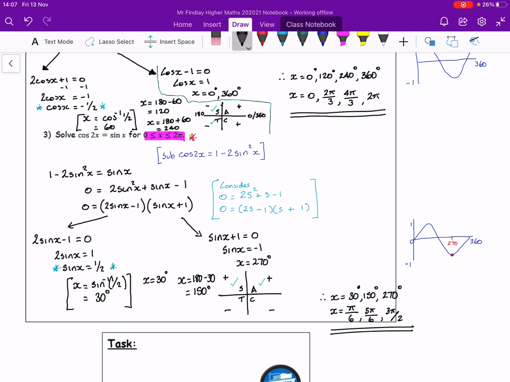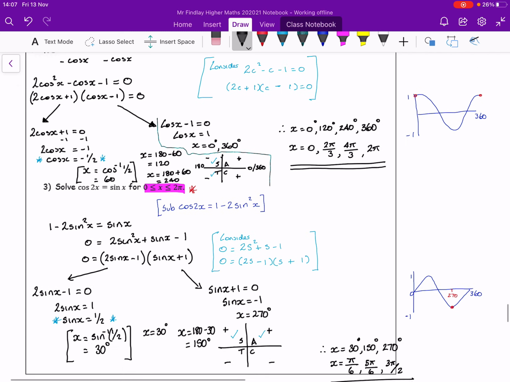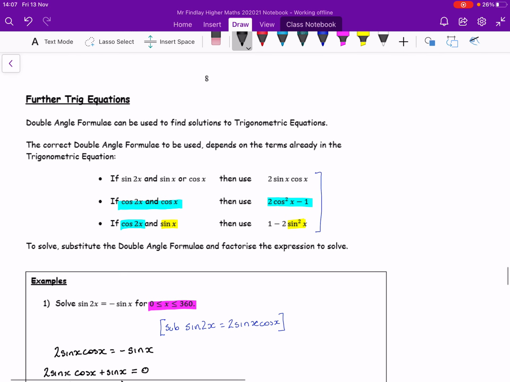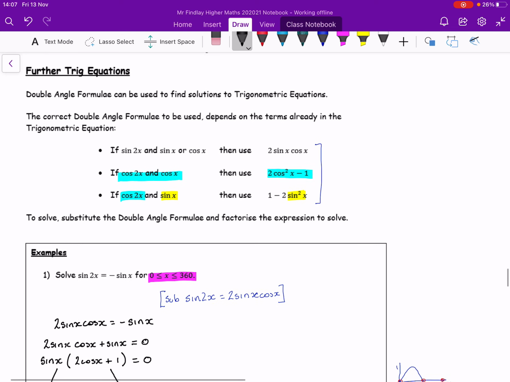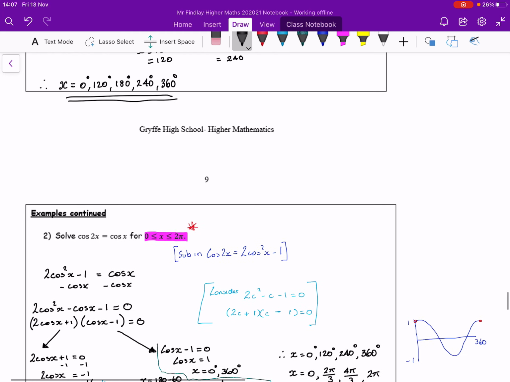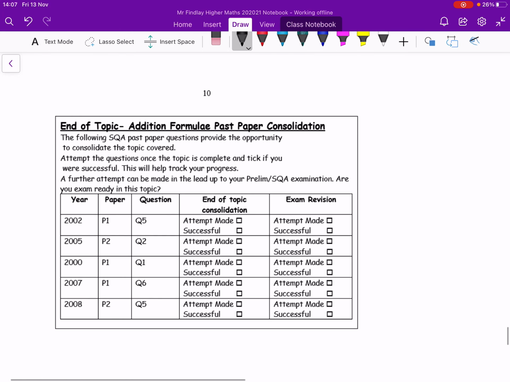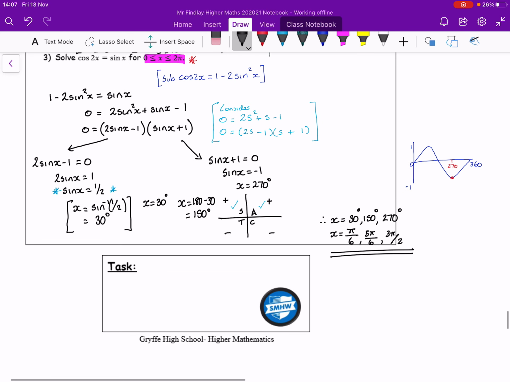Okay, so at the start of each question, we have a substitution with our double angle, a decision to be made on which formula to substitute in, factorise to solve two different simple trig equations, and ensure the solutions match the question.